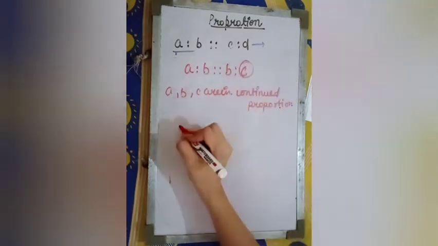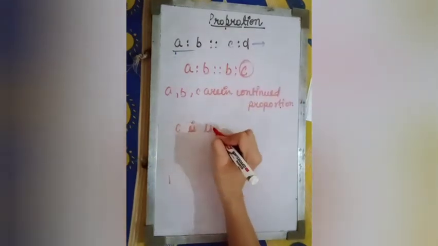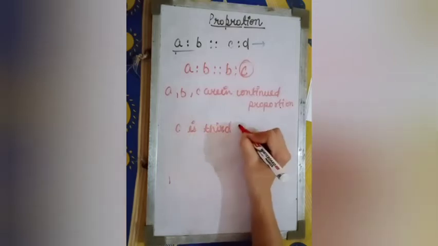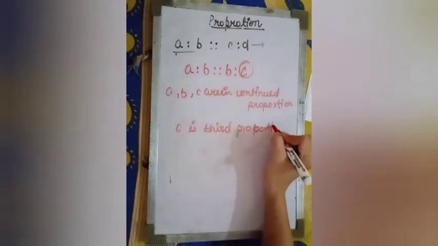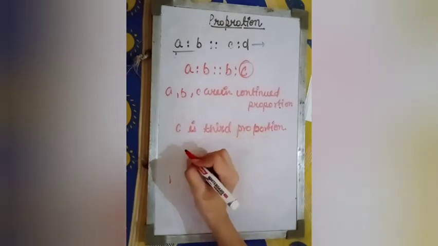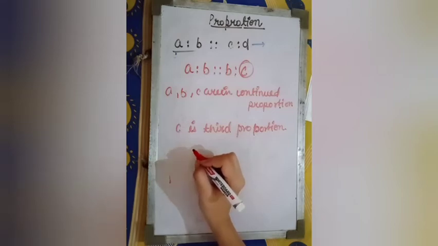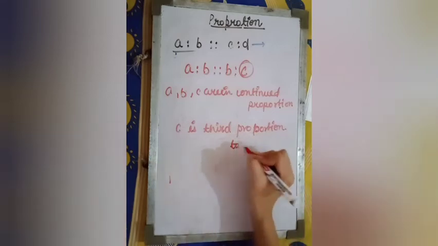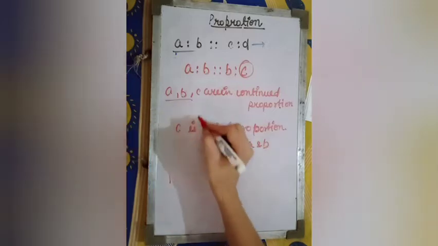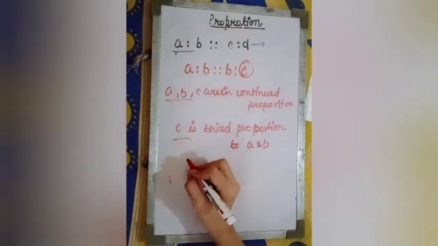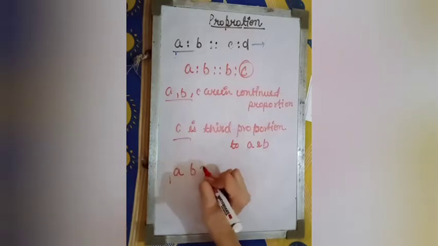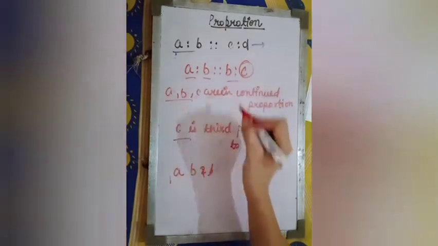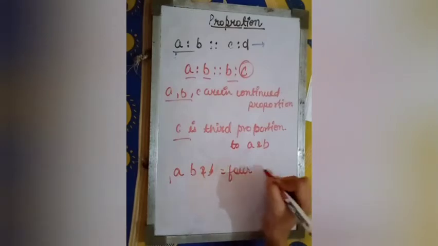C is the third proportional, third proportional to A and B. If we talk about A, B and B, it is the fourth proportional.